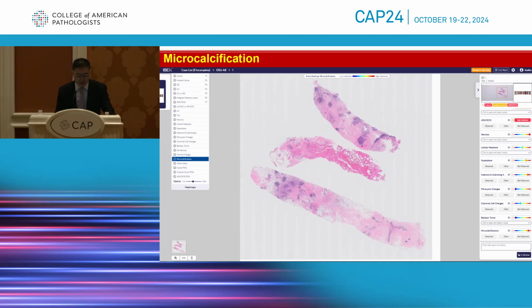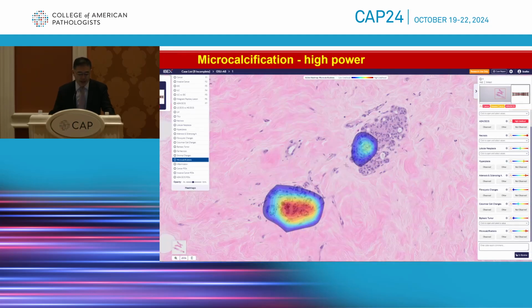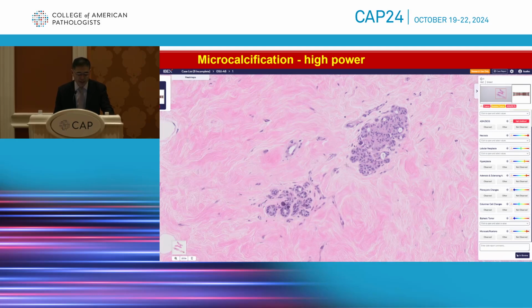If you select the microcalcification, it highlights the microcalcification in red. If we look at the HE, you see how small those calcifications are. This can help you identify them and save you lots of time, especially for those small ones. Some big, large ones are pretty easy to find, but for those small ones, it can be very challenging and time-consuming.